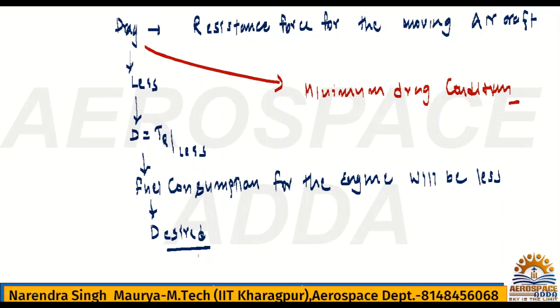Hope you understood. So now we are going to approach what the minimum drag condition is, and how we can fly the aircraft so that we can achieve minimum drag condition.